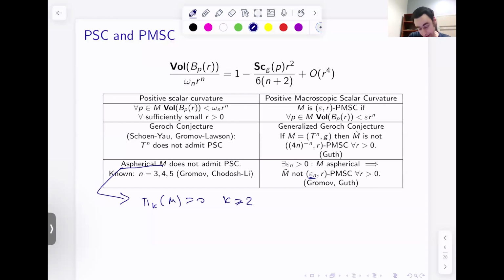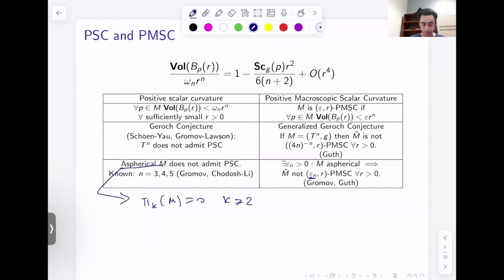So there's this interesting connection that the methods of proofs for positive macroscopic scalar curvature often involve ideas about something like minimal surfaces, which also play a role in the lower dimensional proofs.